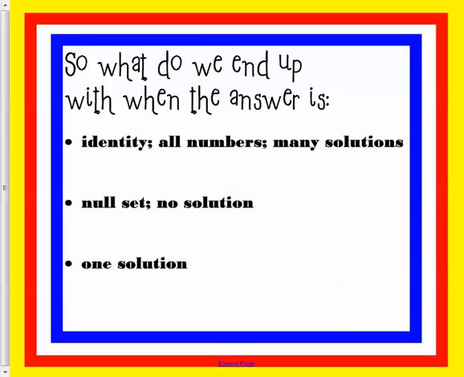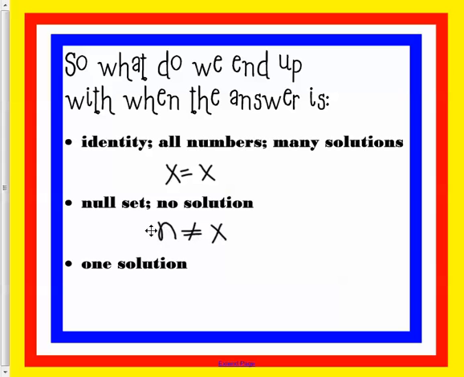And so what do we end up with when the answer is identity, all numbers, many solutions, null set or no solution, and one solution? Copy this slide down. So what we are left with for identity is x equaling x. What we're left with for null set is a number equaling another number, in which they are not the same.